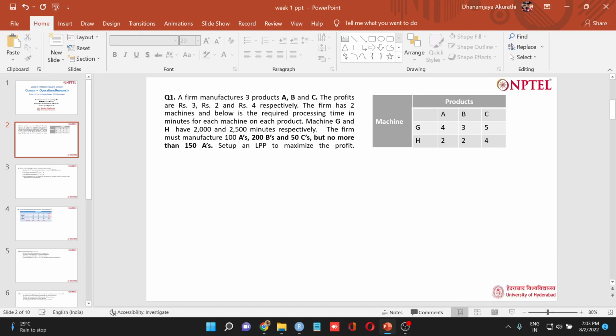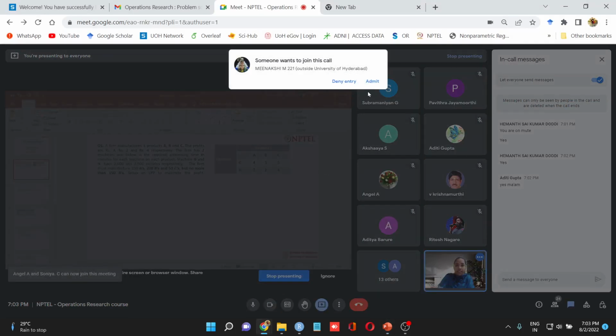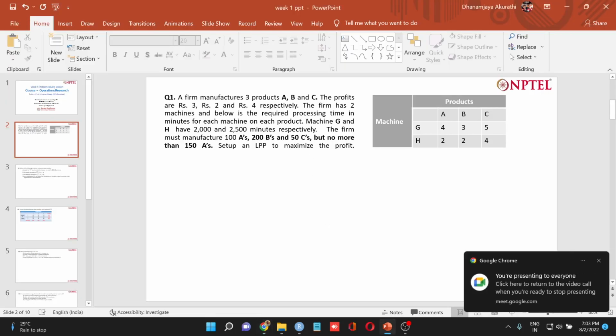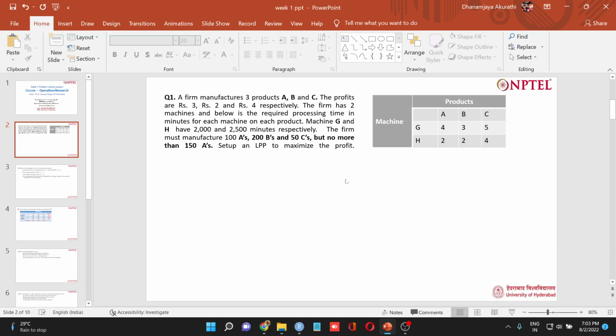The table shows the time required to manufacture products A, B and C on the two machines G and H. Machines G and H have at most 2000 and 2500 minutes respectively, and the firm must manufacture at least 100 A products, 200 B products and 50 C products, but no more than 150 A products. Set up a linear programming problem to maximize the profit.